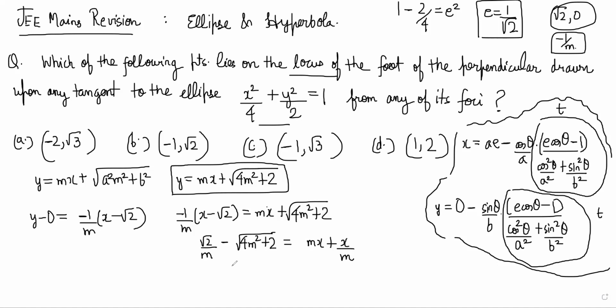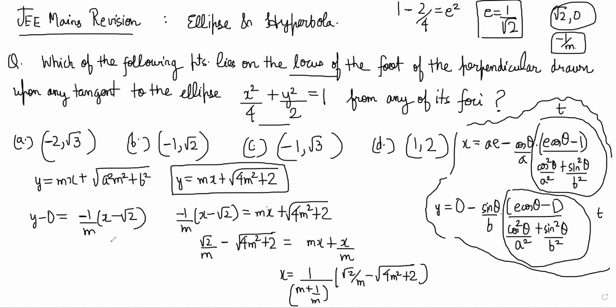We'll simplify this and say x is equal to 1 by m plus root 2 by m minus root over 4m square plus 2. If we take root 2 common outside, it will be 1 by m minus root over 2m square plus 1. That is your x.